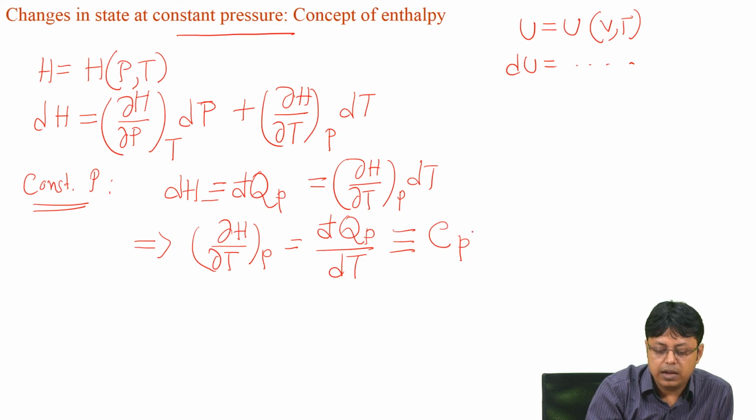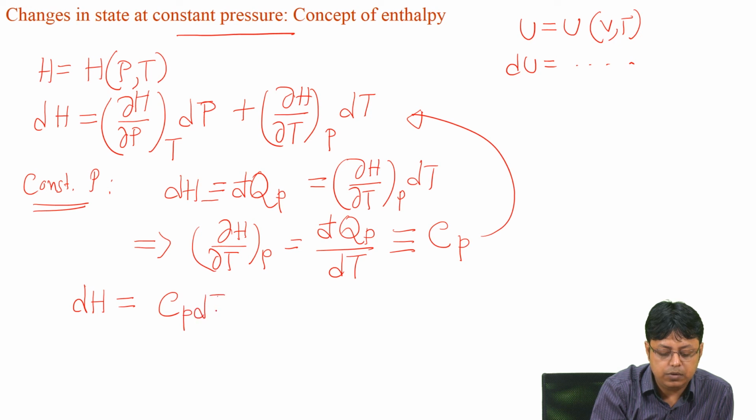So, we can use this relation in the original equation and write dH as Cp dT, coming from the second term, plus the other term, del H del P at constant T times dP.